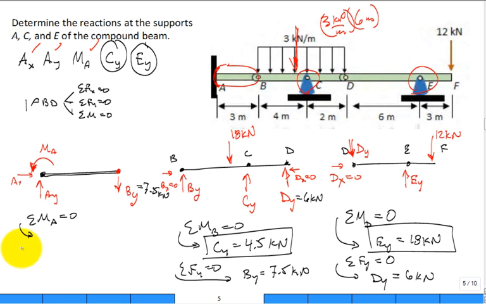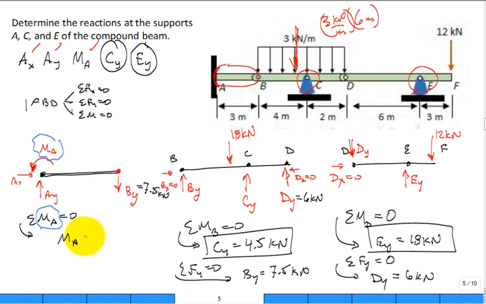All right. One of the reasons I asked you to do that is because it looks like a collision. This M of A right there is the reaction moment of the support. But then I say the sum of moments about point A. Doesn't that look similar? And so it can be confusing. But what we have is the sum of the moments around point A. First of all, I have the moment at the support. That's at A. That's one of my unknowns I'm trying to solve for.